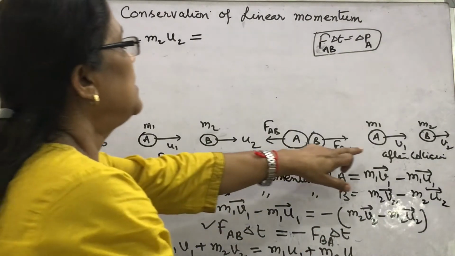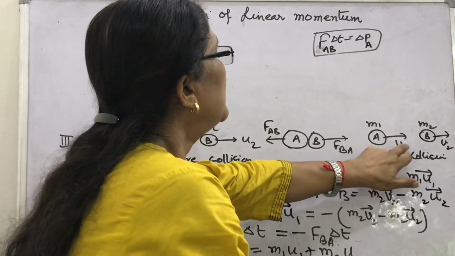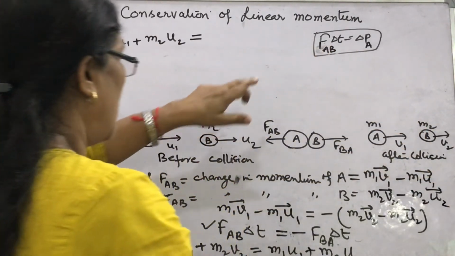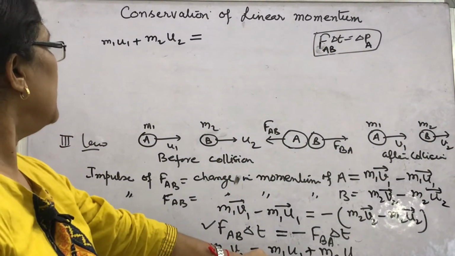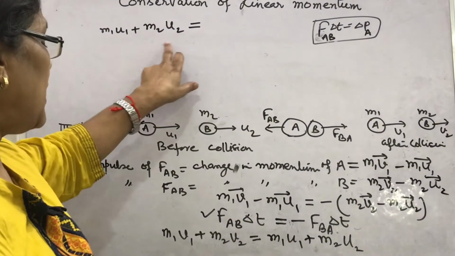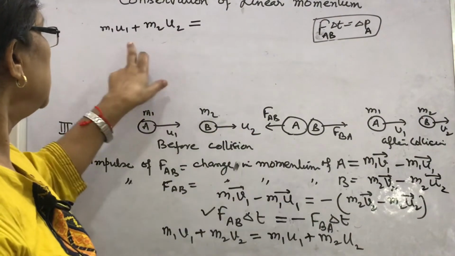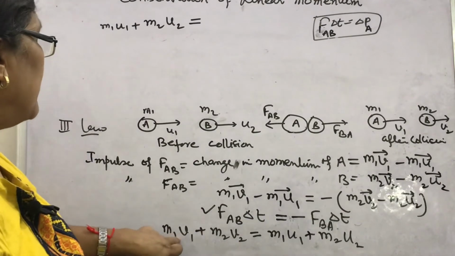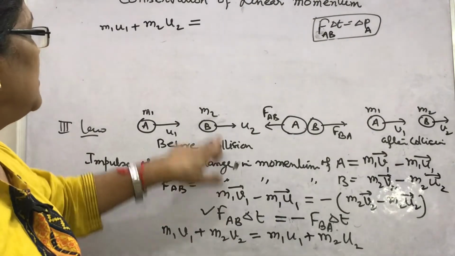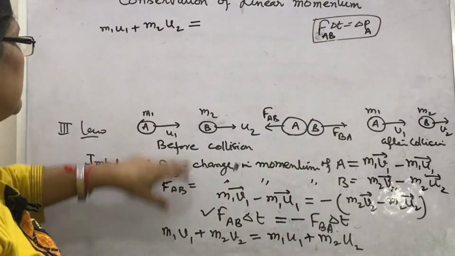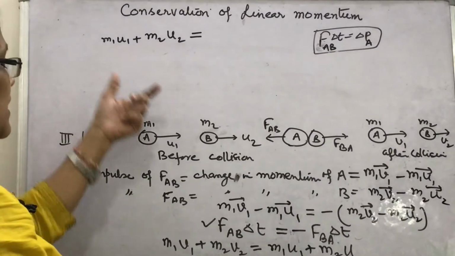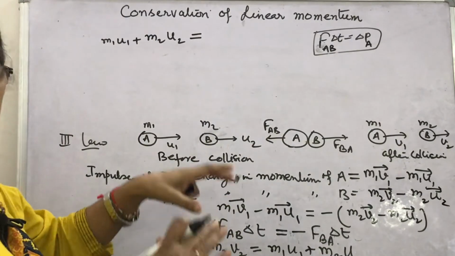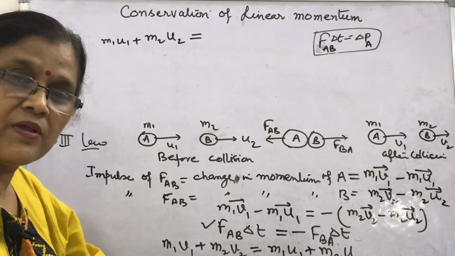You have seen here, this is m1v1 plus m2v2. So whatever you have seen here, before collision and after collision the momentum remains the same.